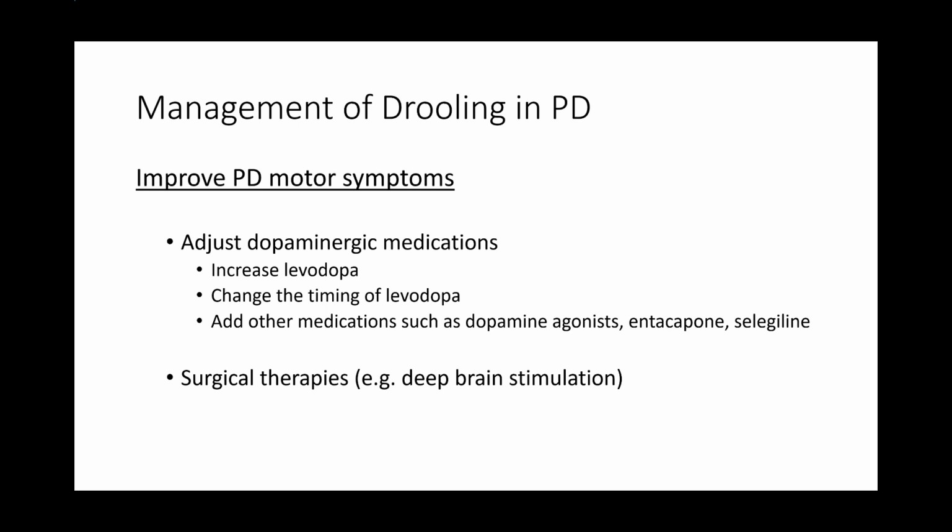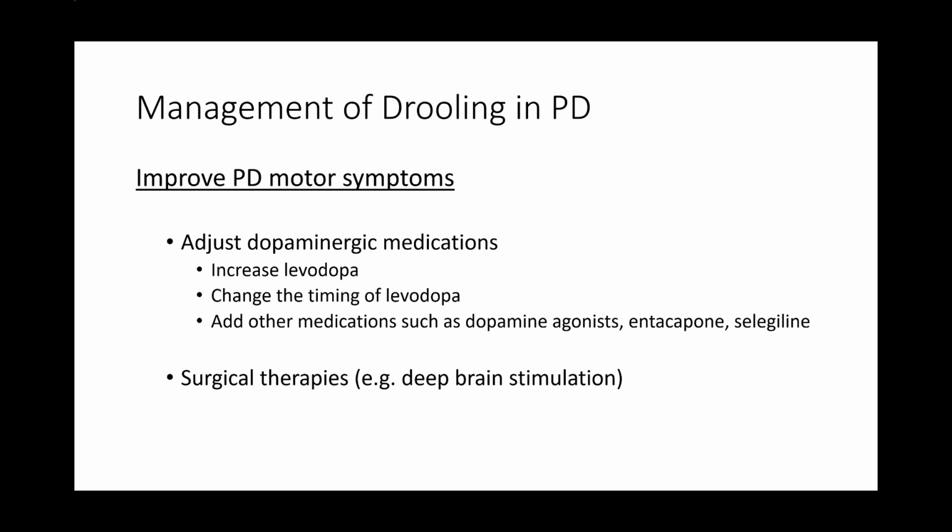So one option is to ensure that people are adequately managed, and for patients it may be useful to adjust the Parkinson's medication, so increase levodopa, change the timing of levodopa, or add other medications such as dopamine agonists, entacapone, or selegiline.